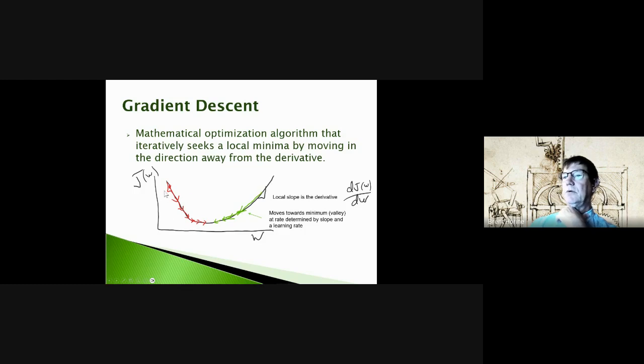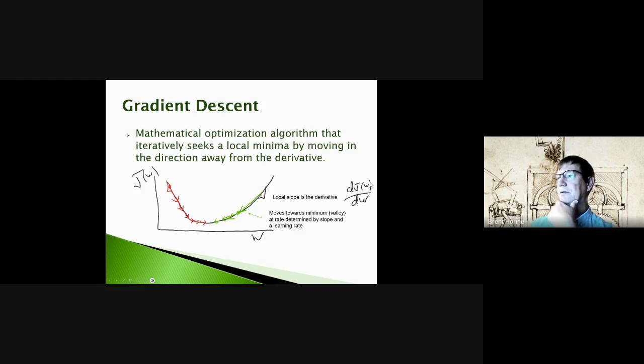We don't know all this other stuff, but we can know the derivative of this function, right? So that local slope is a derivative, right? So we can calculate dJ(omega) with respect to W, right? I may mix up omegas and W's.